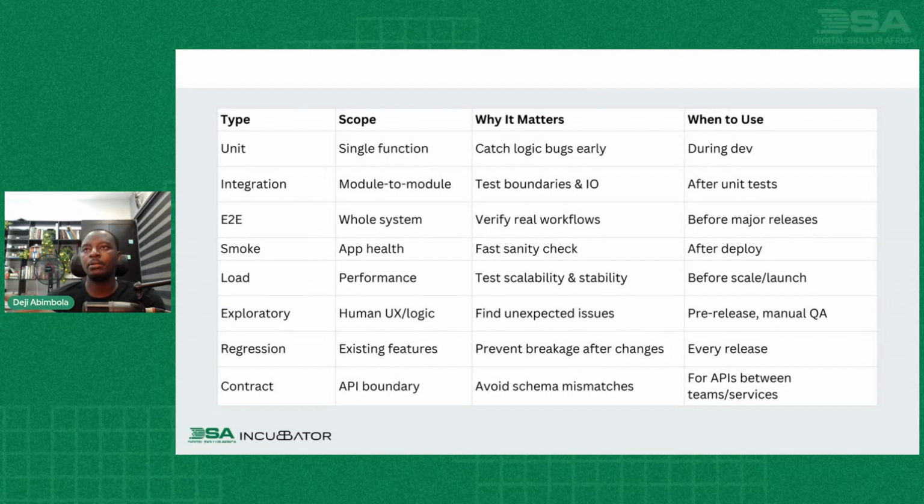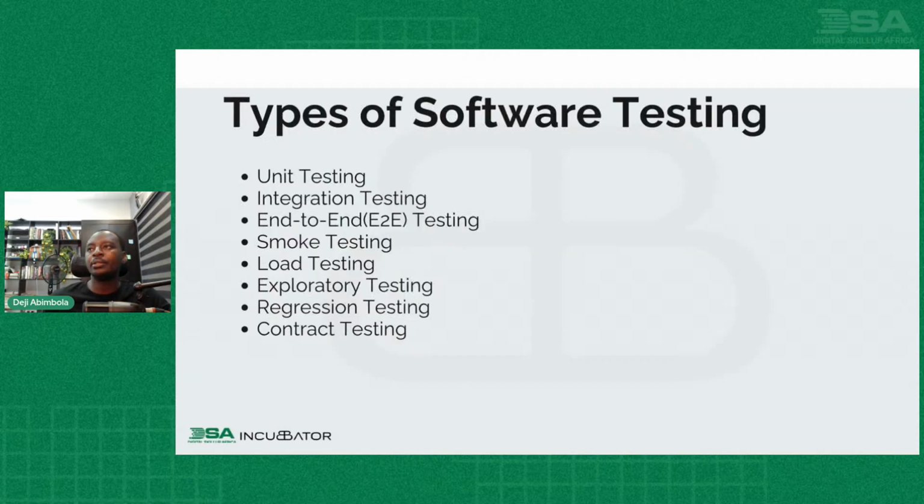We mentioned unit testing, integration testing, right? But this gives a summary of it all. So having talked about why testing matters, let's jump right into the different type of testing that we have. And like I mentioned earlier, we'll focus on two major ones, which you will come across on a day-to-day basis as a software developer, which is unit testing and integration testing.